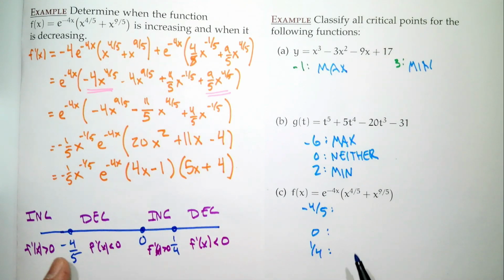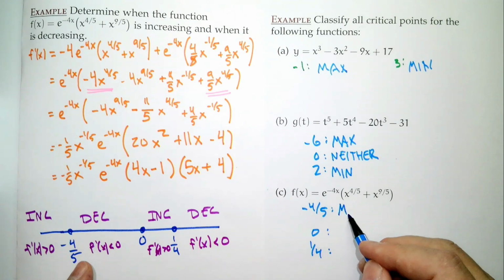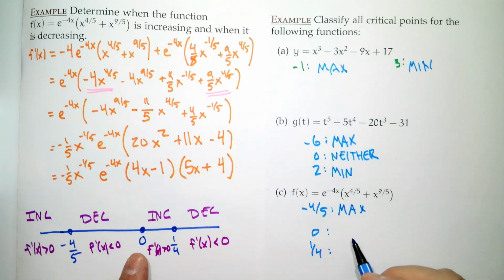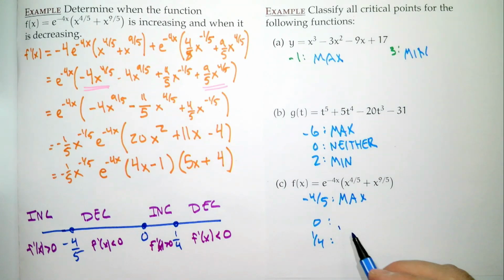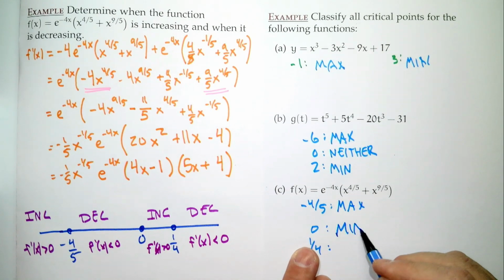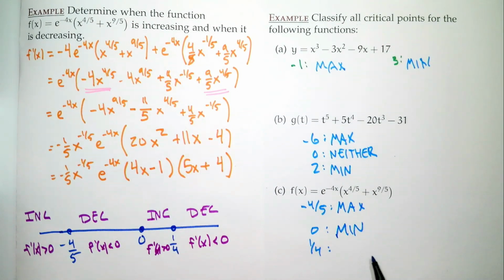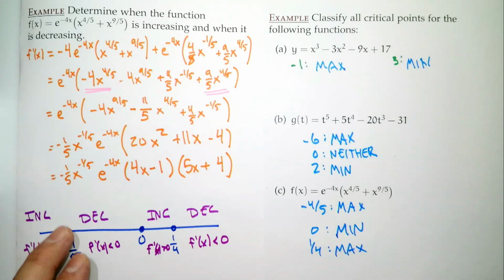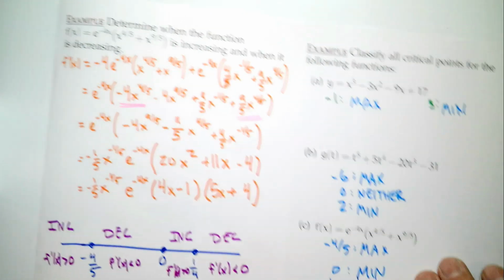What am I? I'm a max. I'm decreasing, then I'm increasing. What am I? Min. I'm increasing, then I'm decreasing. Max. Going up, then going down. All right. So once you know when things are increasing and decreasing, knowing whether things are max and min is pretty fast.